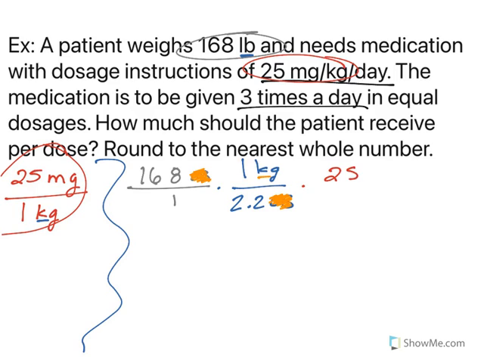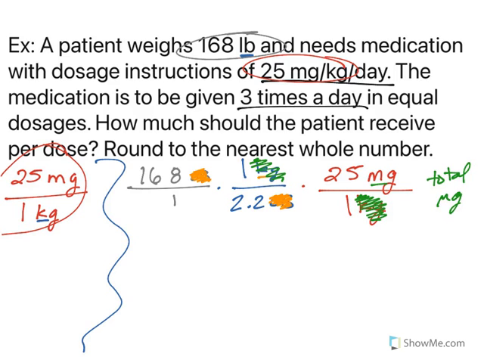I know the patient should be getting 25 milligrams per 1 kilogram of weight. Now that says, okay, my kilograms go away. That means I am no longer mathematically in the weight of my patient. I'm now in the milligrams that my patient is receiving. So this will give me the total milligrams.